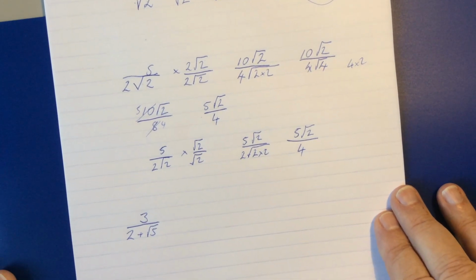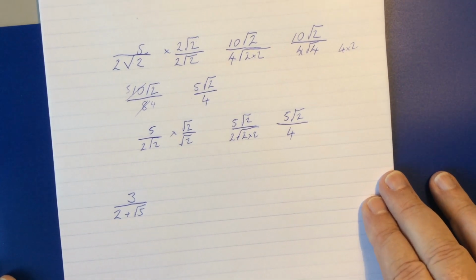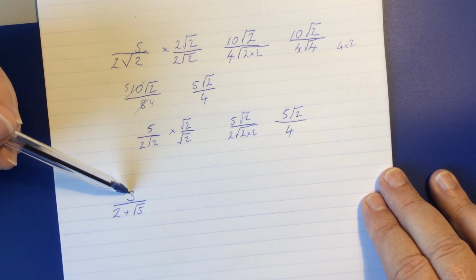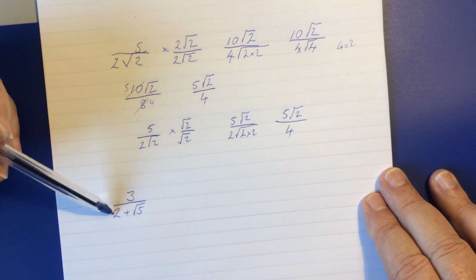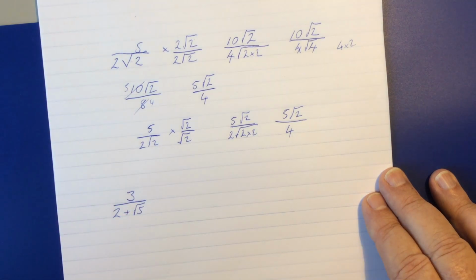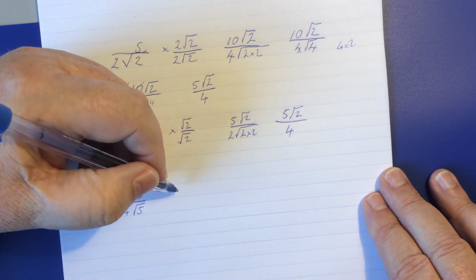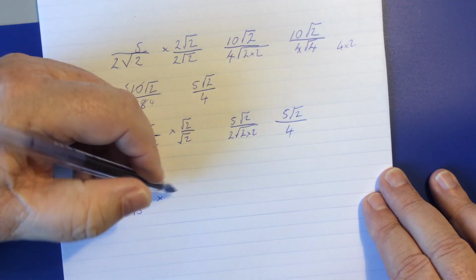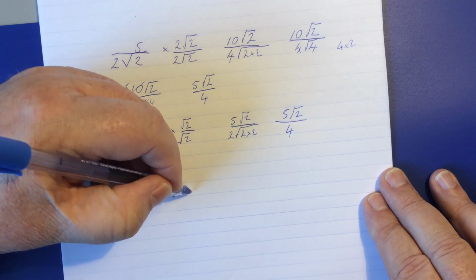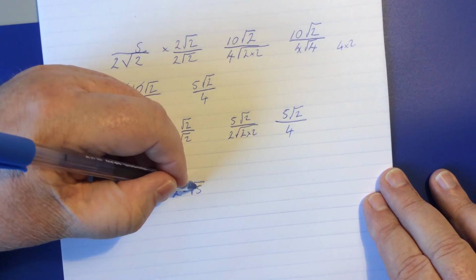Now, as you can see, as I move down the page, I've got an expression here where the denominator is made up of 2 parts, and this makes things a tiny bit more awkward. Now, what we're going to do is something that looks a little strange.